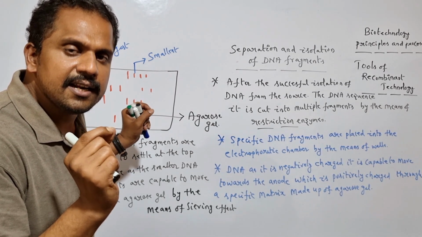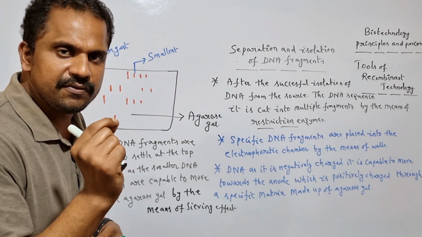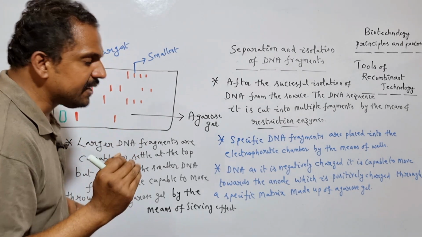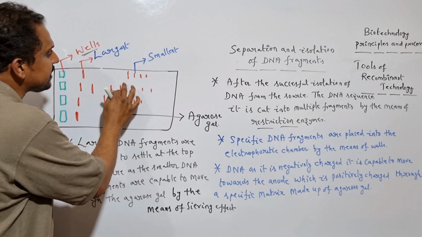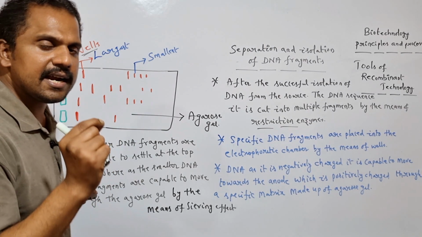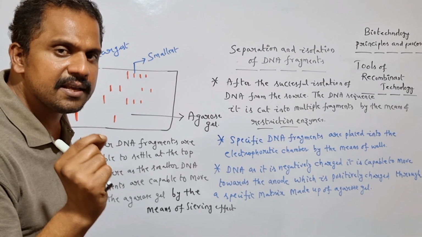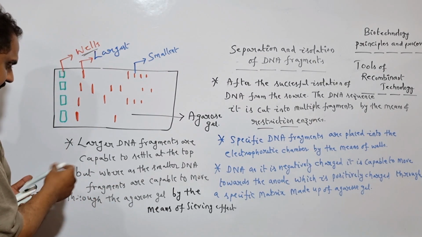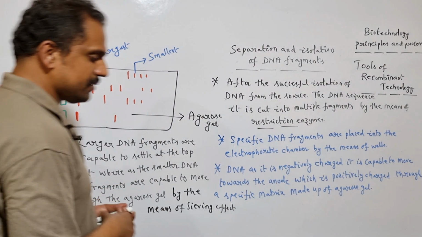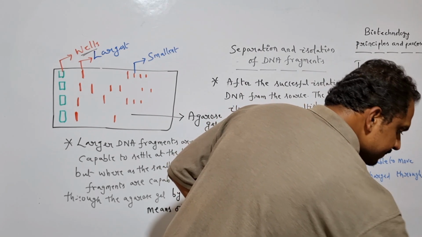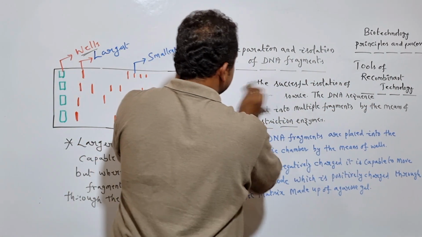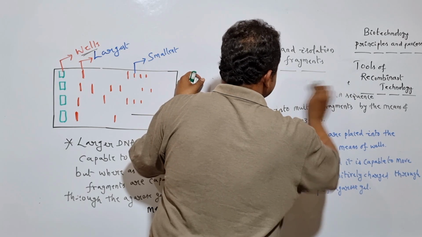So after the successful migration of the DNA fragments towards the anode, the specific DNA fragments are stained by taking advantage of a specific dye termed as ethidium bromide. Is it clear? So let me write it here.